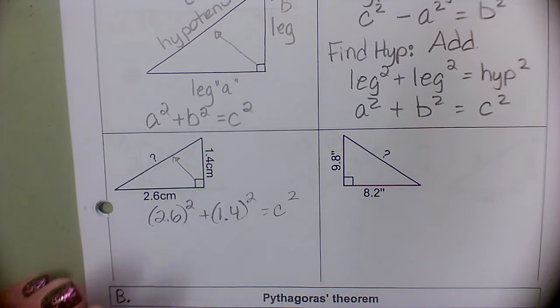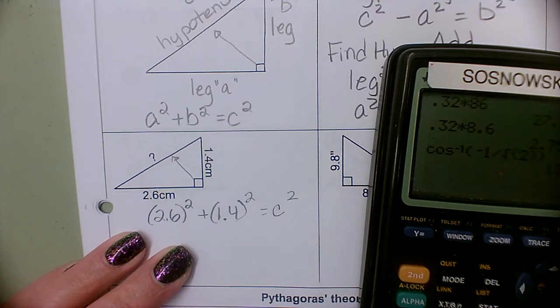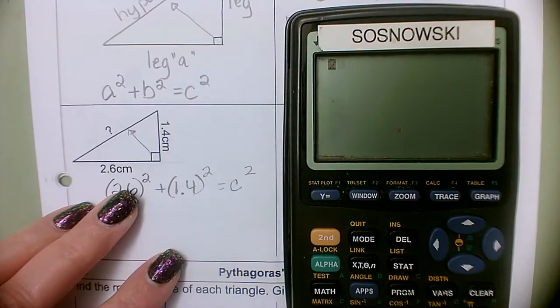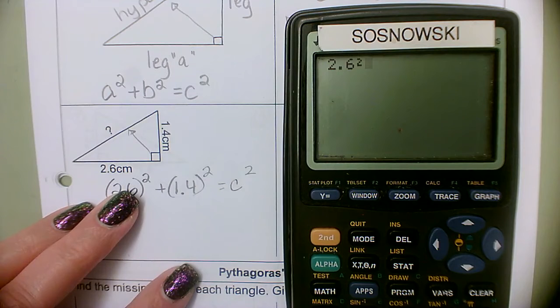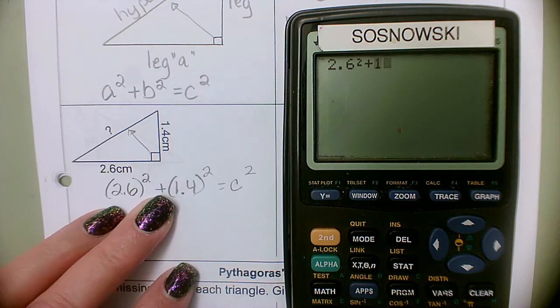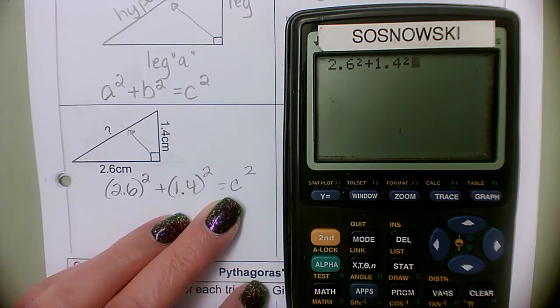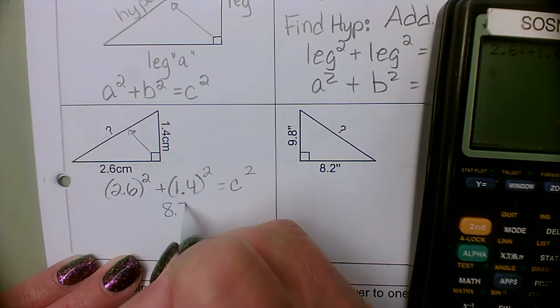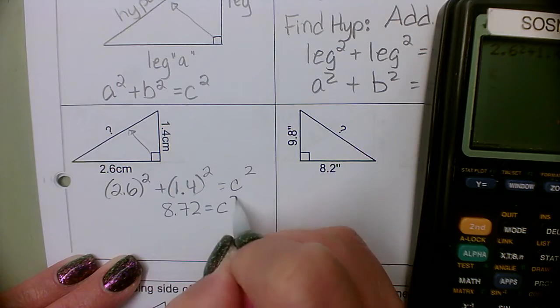In my calculator, to square something means to multiply it by itself, so I go 2.6, use the square button, plus 1.4 squared. The left-hand side is 8.72 equaling c squared.